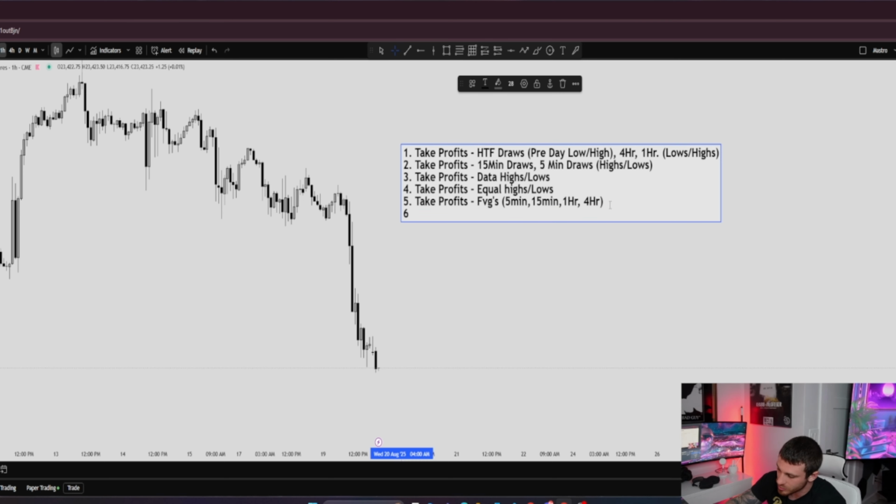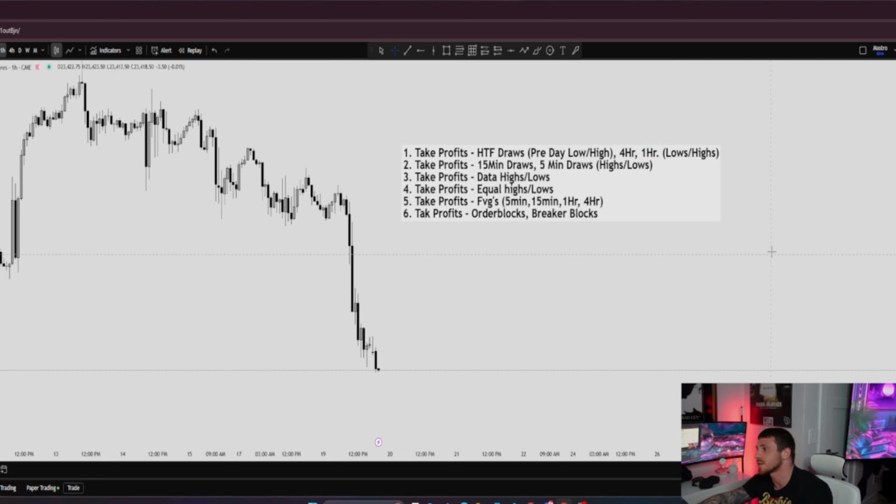And as that goes through my mind right now, 6. Order blocks, and breaker blocks. I personally don't use breaker blocks because they're a little bit more confusing to me, honestly. I don't use them in the live market. I usually just use order blocks, but something else you could target.